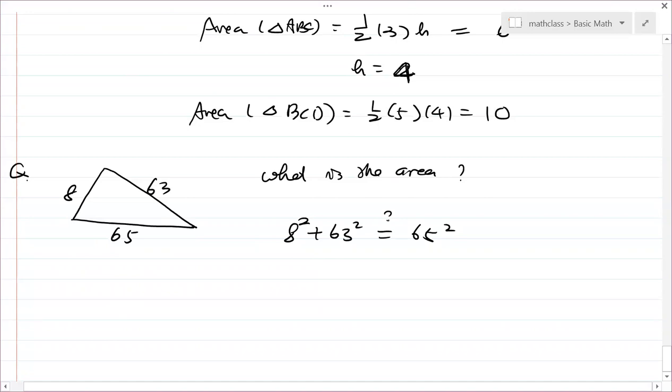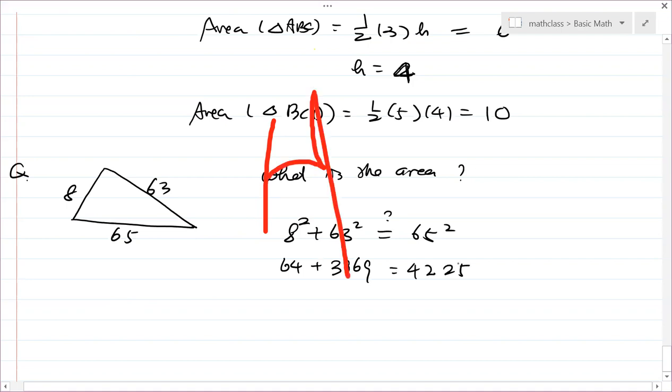Yeah. Let's look at the calculator. So this is 64, right? 63 times 63. Okay. 65 times 65. 4225.